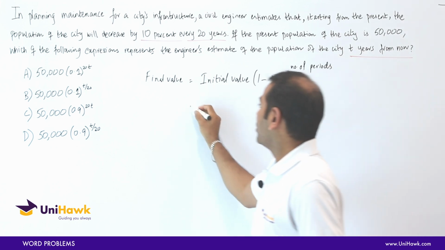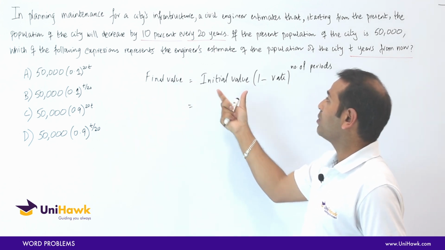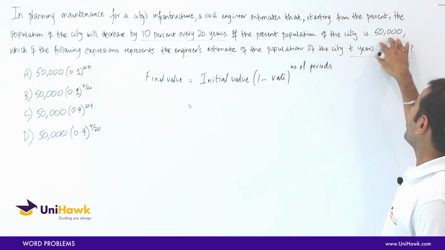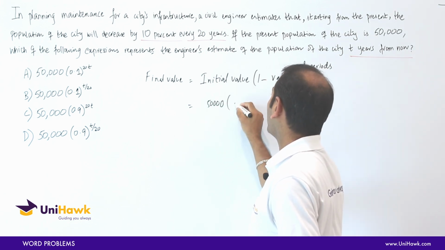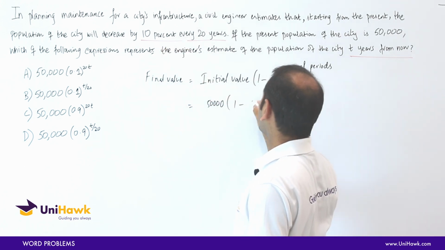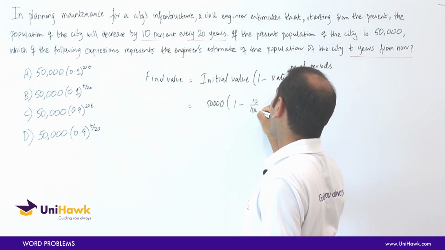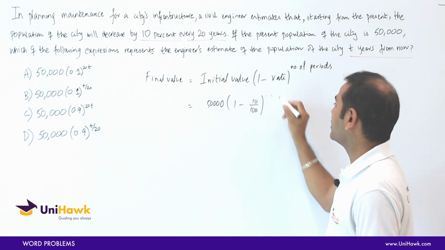Now, this is what we need to figure out. Initial value, that means what is the initial population? Initial population is 50,000. So 50,000 times 1 minus rate. What is rate? 10%. So 10% is 10 over 100. Whole to the power number of intervals. We will come to this later, right?